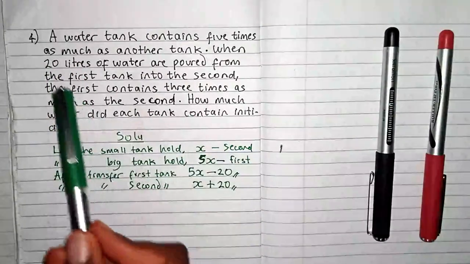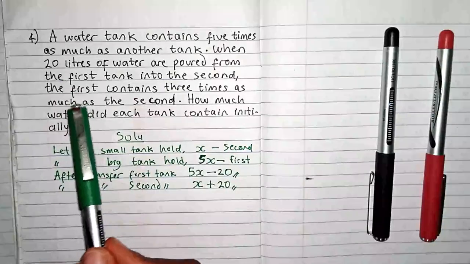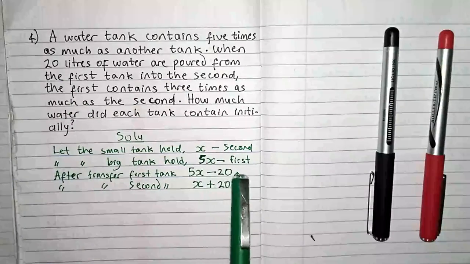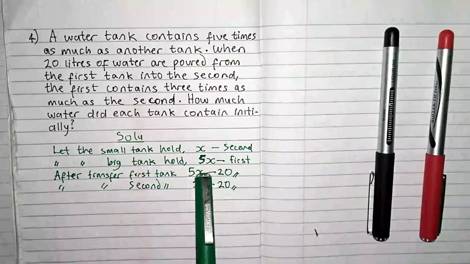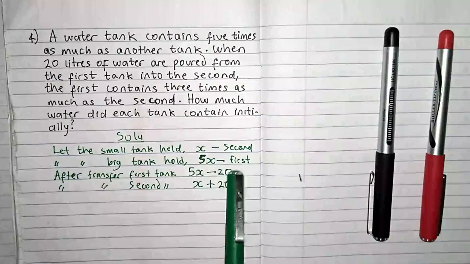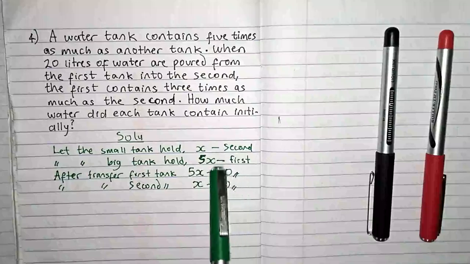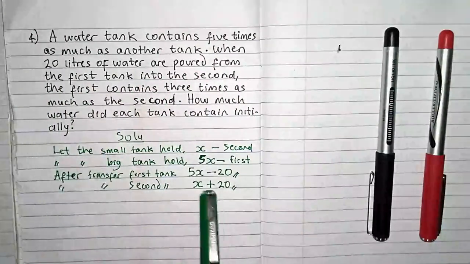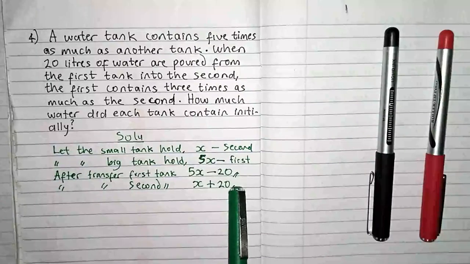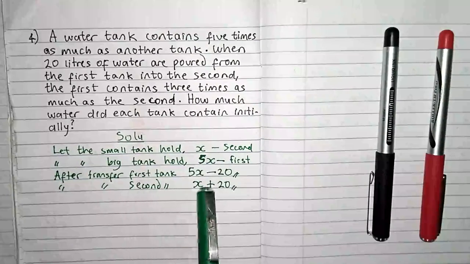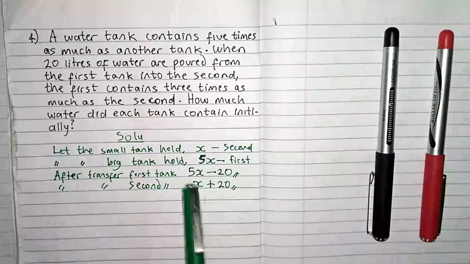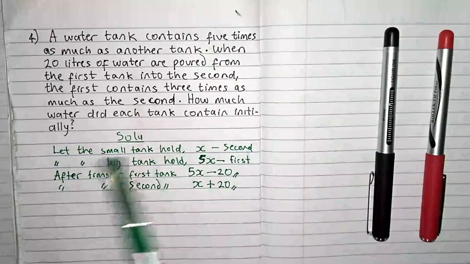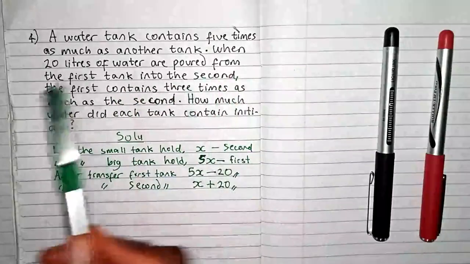We are removing 20 liters from the big tank, meaning after the transfer, the big tank will be short of 20 liters: 5x minus 20. And then we are pouring these 20 liters into the second tank. That makes it x plus 20. Thus the second tank has received 20 extra liters of water from the big tank. Now let's continue.